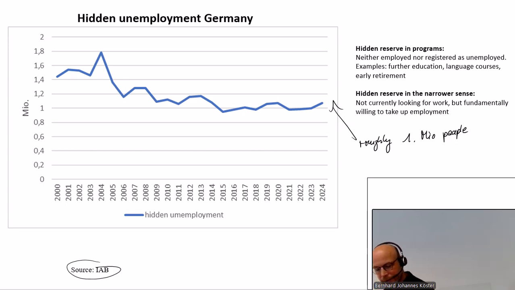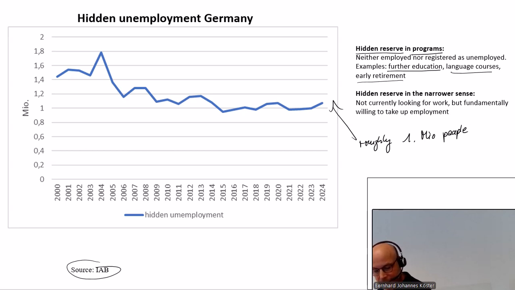People, and here we also distinguish two: a hidden reserve, and I talked about this, people who are in some other programs, like further qualification education, or especially when people are coming from abroad, then we say please start at first to learn German in language courses, and of course this early retirement.